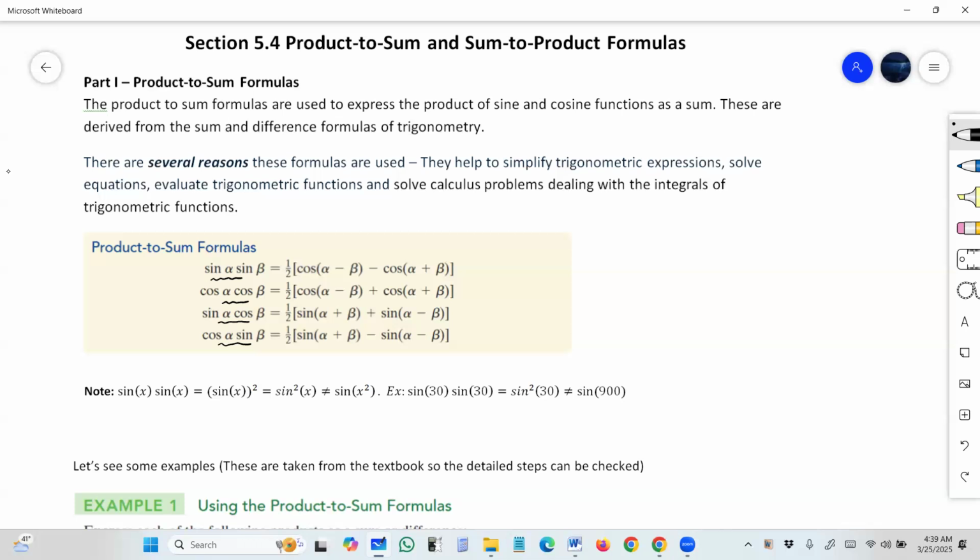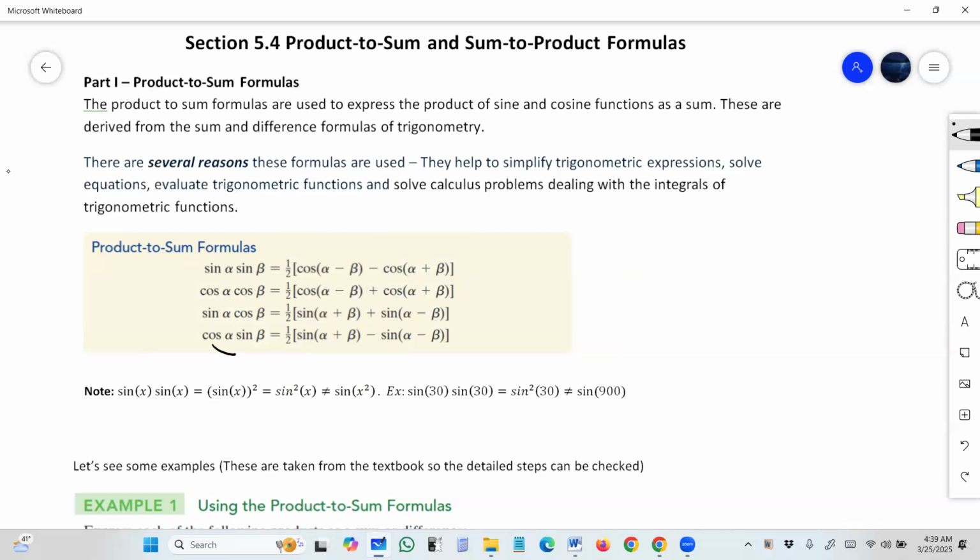And we convert the product form, right? On the left side, I have the product form, and we convert them to an expression that involves sum or subtraction.